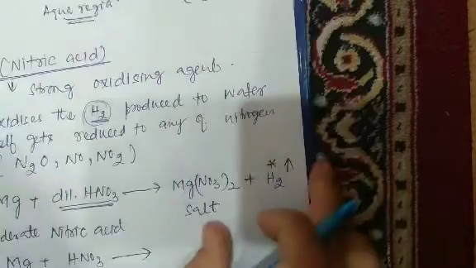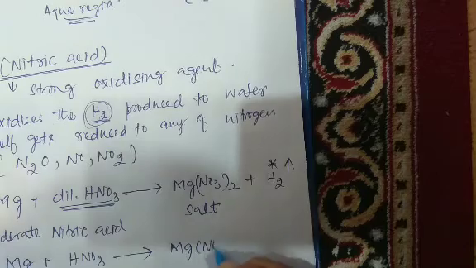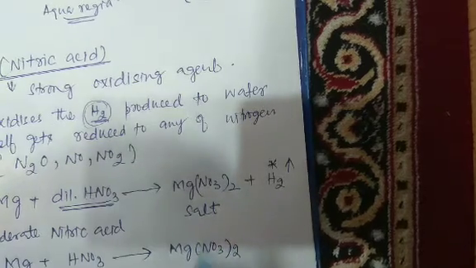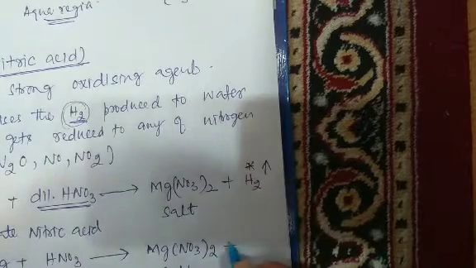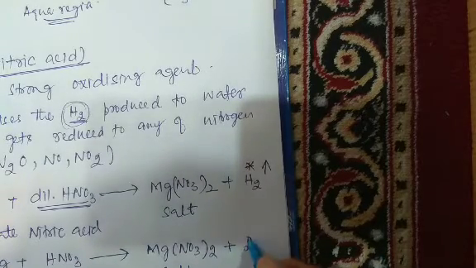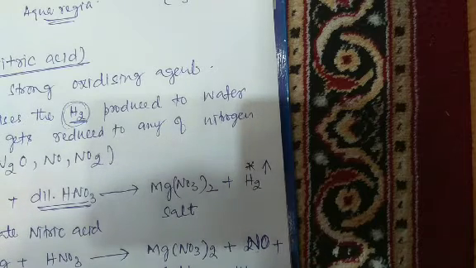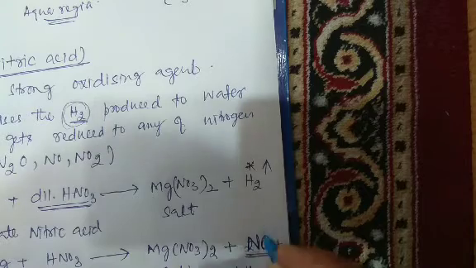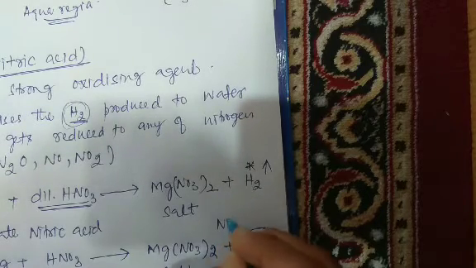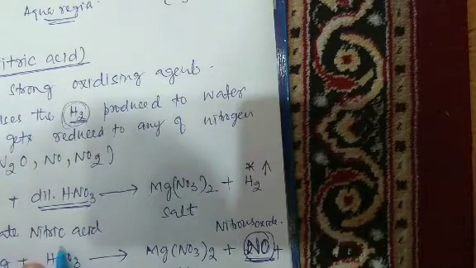We will get magnesium nitrate, Mg(NO3)2, which is also a salt. It is unbalanced, and NO is formed, plus water. What's NO? It's nitrous oxide.